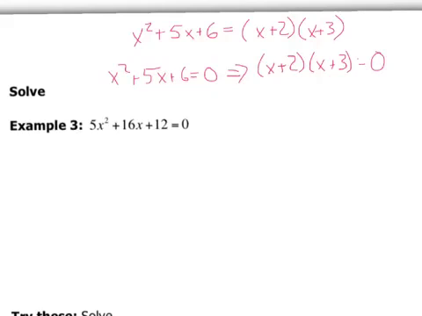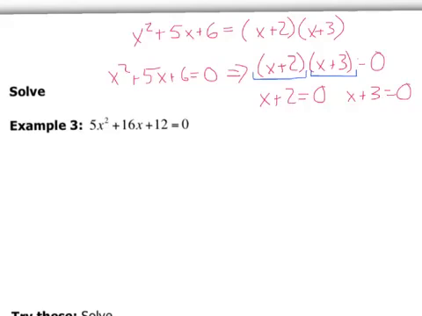So I have two answers for this. I have one answer that x plus 2 could be 0, and I have another answer that x plus 3 could be 0. So if I break it down into simple parts with multiplication, I can now say either this piece is 0 or this piece is 0. That's why factoring makes things simpler. Okay?